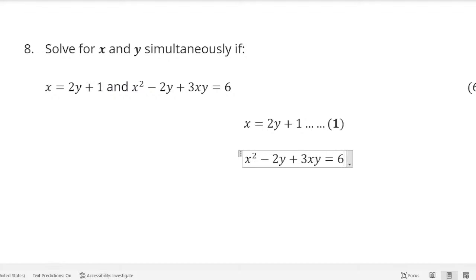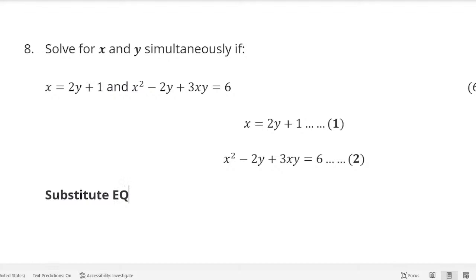Then this one will be equation 2. Right? So the rule says substitute equation 1 into equation 2.